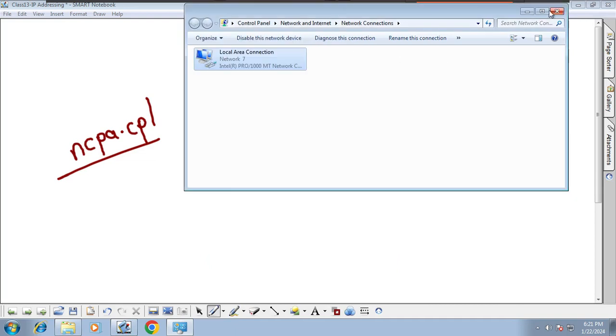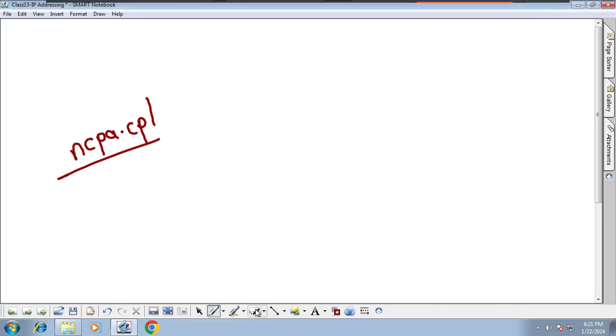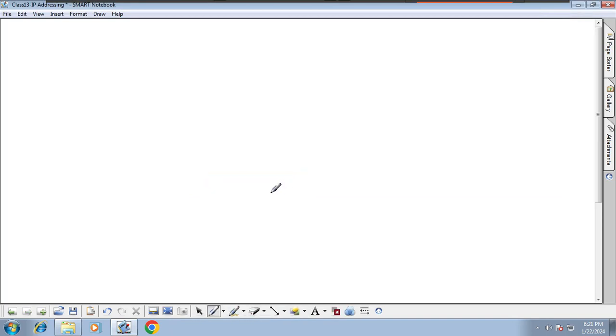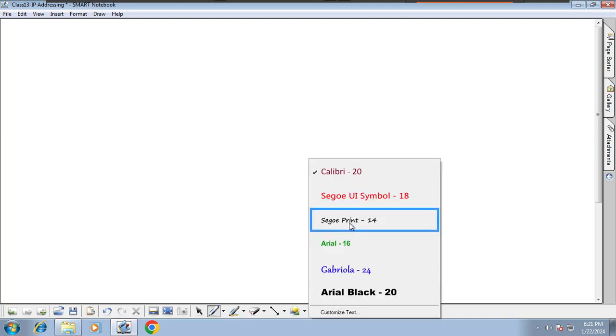Now we are going to understand what a subnet mask is. Many of us know the subnet mask. By looking at the IP address they can tell the subnet mask, but they don't know why the subnet mask is mandatory.